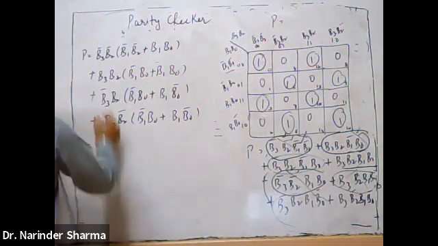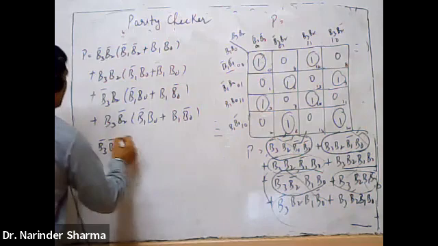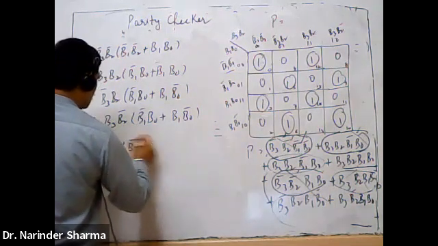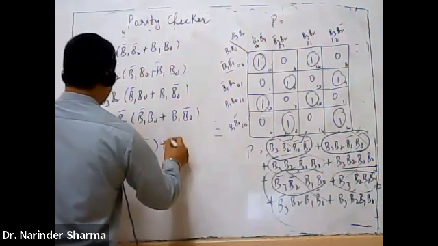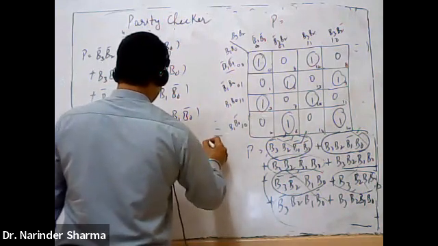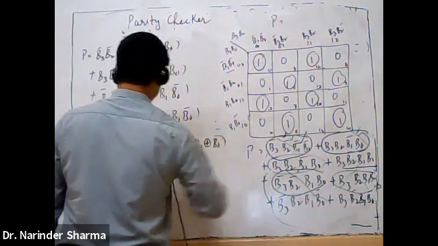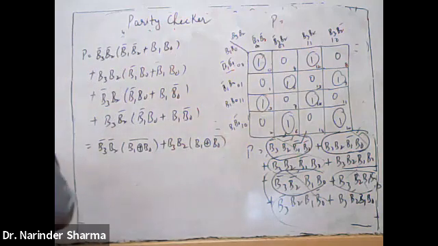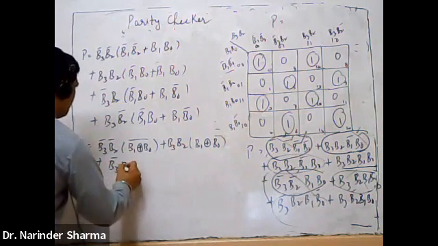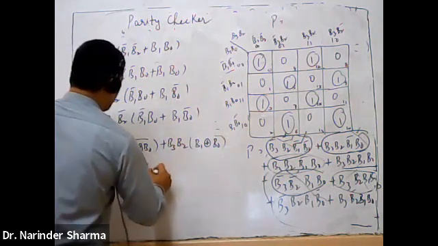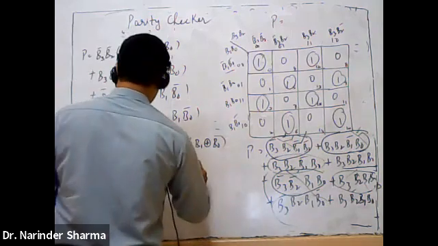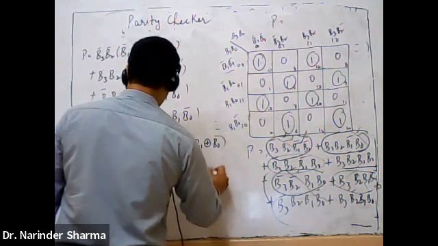Now, B3 bar, B2 bar, it can be written as B1 XOR B0, plus B3, B2. This is B1 XOR B0. Next, B3 bar, B2. This would be B1 XOR B0. And this is B3, B2 bar.